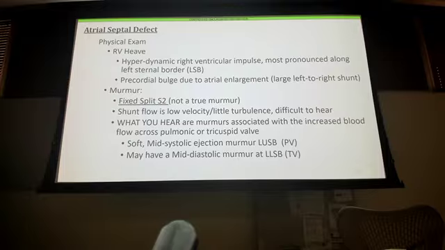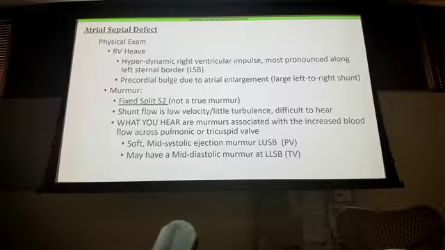Remember we talked about physiologic splitting of the S2, right? A fixed split does not change based on inhalation or exhalation or that respiratory cycle. It is always split. You always hear that at the end. Okay?